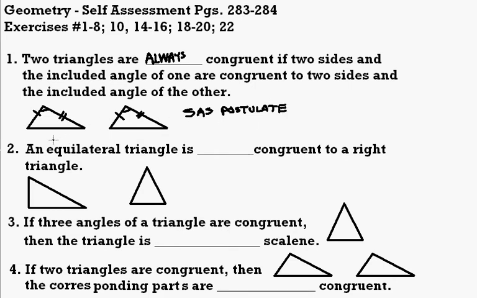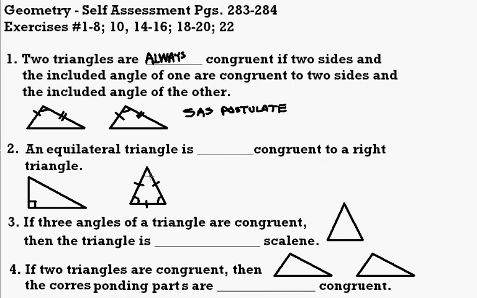Okay. Number 2, an equilateral triangle is blank congruent to a right triangle. Well, here's a right triangle, which means that one of the angles has to be at 90 degrees. An equilateral triangle, this is where all three sides are congruent, which, by the way, if it's equilateral, it means it is also equiangular.